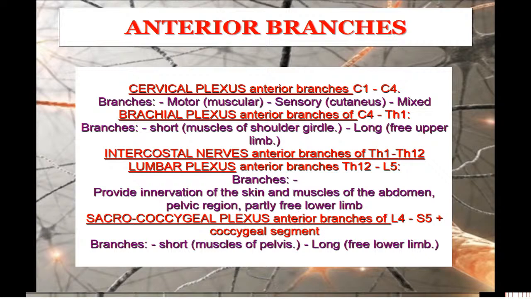Intercostal nerves are formed by the anterior branches of thoracic 1 to thoracic 12 spinal nerves.